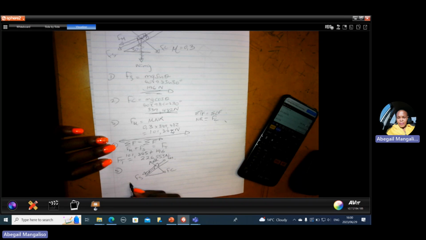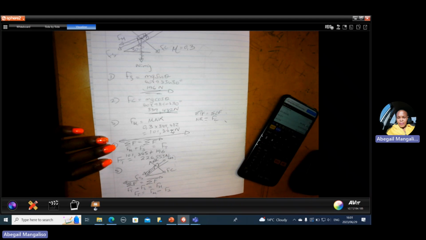Friction opposes the motion. It will be in the opposite direction. You apply the equilibrium equation: forces to the left must be equal to the forces to the right. So you look at this diagram according to the new question. Forces to the left are Ft plus Fs, both to the left, equal to what is to the right. But friction is to the right, the frictional force. So you make Ft the subject because you're looking for that smallest force. Ft will be equal to frictional force minus Fs.